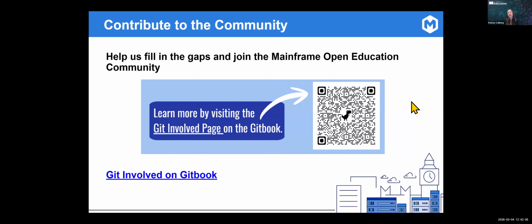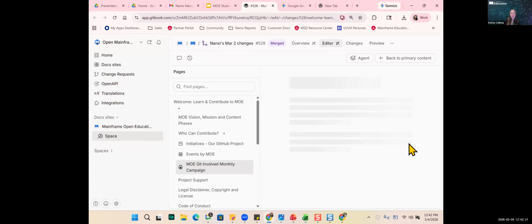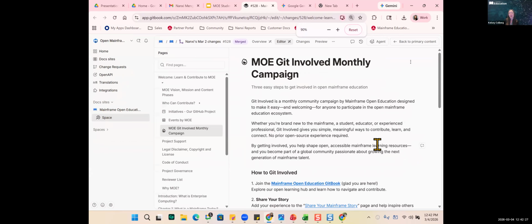So if you visit the Get Involved page on our GitBook, and let's see if I can pull it up here, if it'll mess up everything with the sharing. But I'll give you a quick preview of this. So this GitBook page, once it does load, you're seeing my logged-in editor version of it. But you can go ahead and see the steps to get involved.